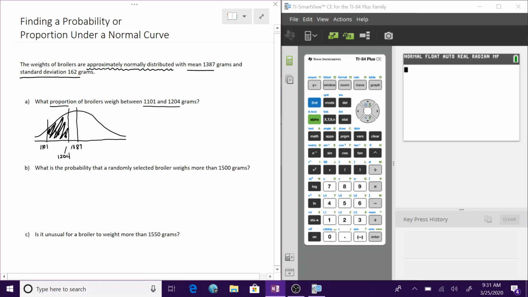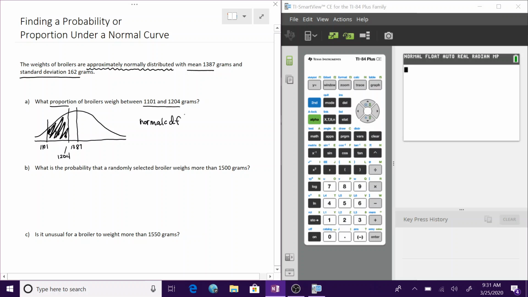So from a previous video, we should know that when we're finding area or proportion or probability, we're going to be using our normal CDF. Now, normal CDF in this scenario is going to work similar to how you used it before.